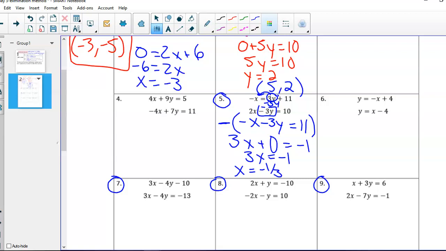Which one do we want to put it into? It doesn't matter. Okay. So if we're putting this back in here, negative 1/3 equals 3y plus 11. This becomes positive 1/3.